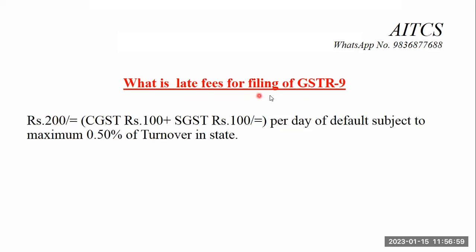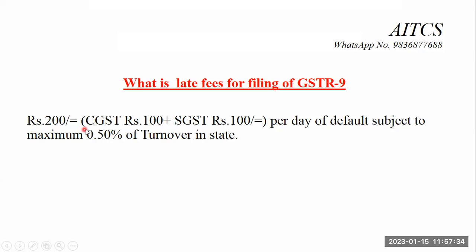What is the late fee for filing of GSTR 9? Here, if any taxpayer fails to file GSTR 9 within the statutory due date, that is 31st December, then late fees shall be applicable, and that is rupees 200 per day of default, subject to a maximum of 0.50% of turnover in the state. Means there are two conditions.